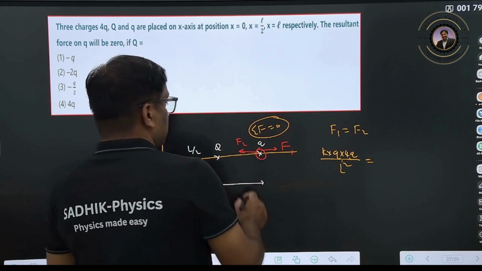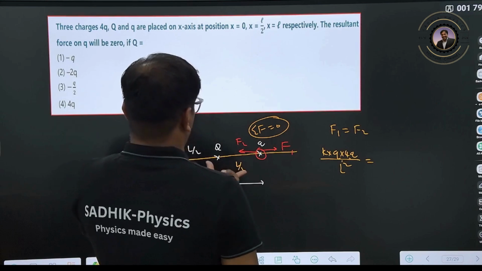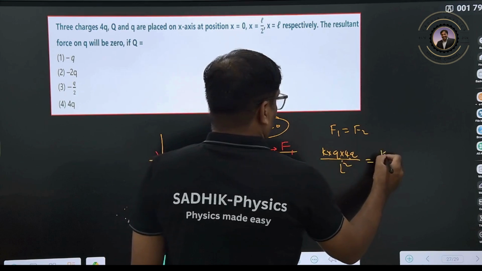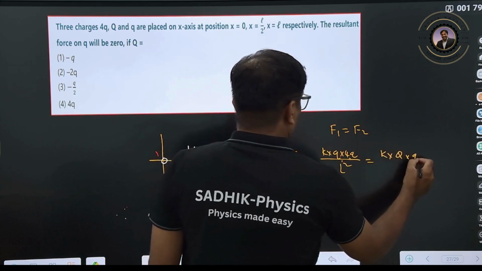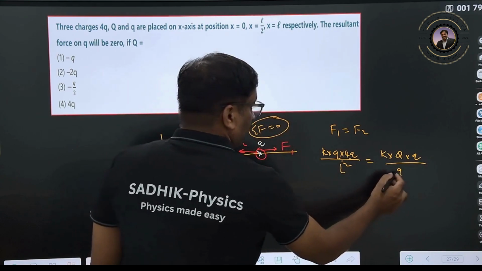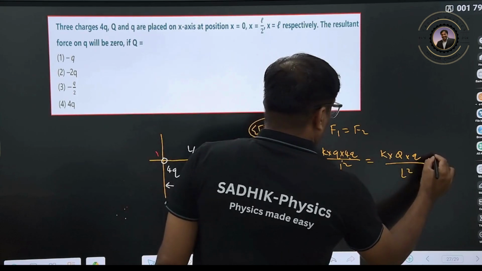This distance is also L by 2. Therefore here what you will get: K into capital Q into small q divided by L by 2 whole square, which is L square by 4.